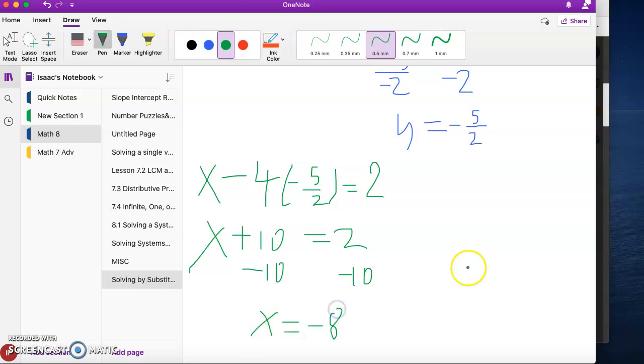So my final answer for this one is, because I solved for x second on this one, negative 8 and negative 5 over 2. Again, this second example is the most complicated you're going to see in this module.